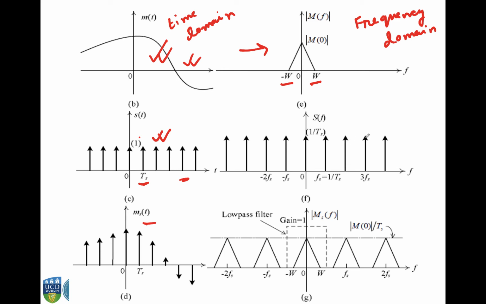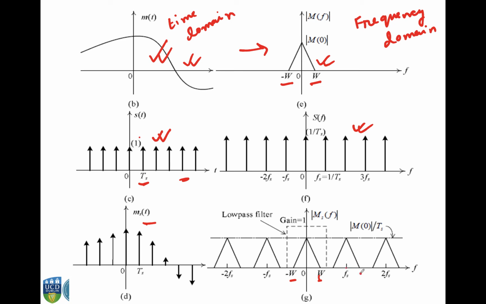So we are multiplying this signal with this impulse train, which repeats the frequency response of the signal after every fs. We have a copy of the original signal here, band limited between W and minus W, and then this copy repeats at fs.